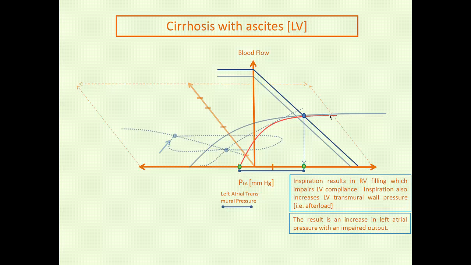Again, that was due to the diminished compliance of the LV that occurs via left ventricular interdependence. And this higher filling pressure in the left heart can reflect back and further increase right ventricular afterload, as I just talked about.